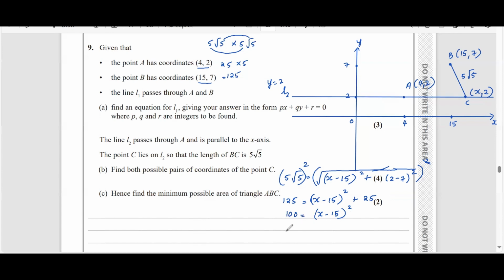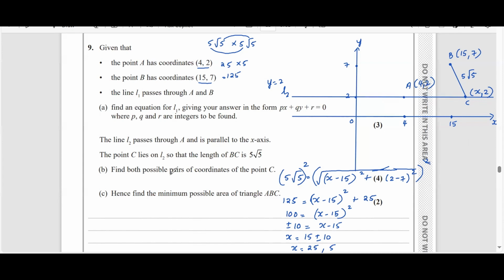Square root both sides: the square root of 100 is either plus or minus 10, and the square root of (x minus 15) the whole square is x minus 15. So x is 15 plus or minus 10. That is, x can be 15 plus 10, 25, or 15 minus 10, 5. So we have two possible values for x.